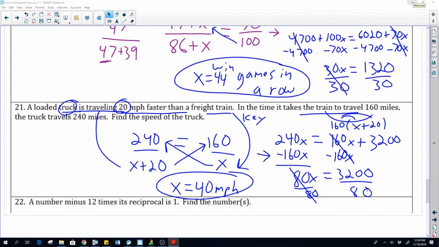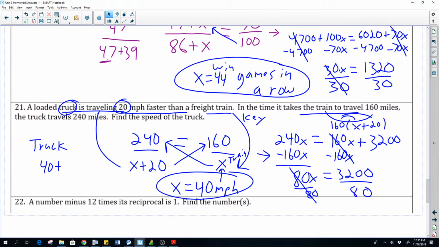So the truck is traveling 20 miles faster than the freight train. So we just found x, the freight train, right? And so now we need to find the truck. So don't forget, don't make that mistake on the test. So the truck is going faster, 20 miles faster.